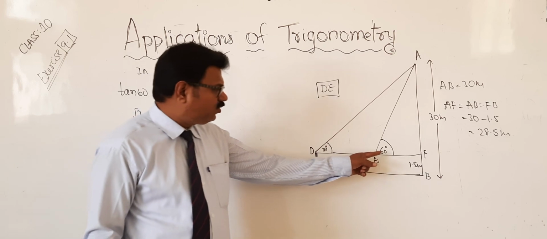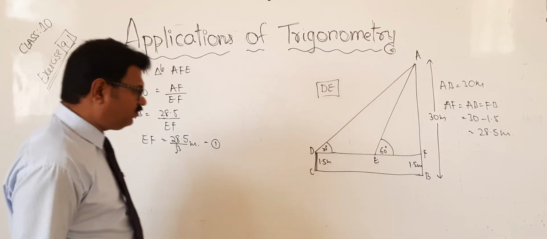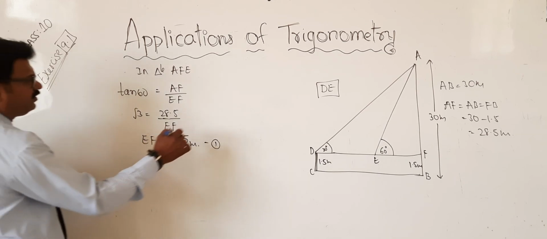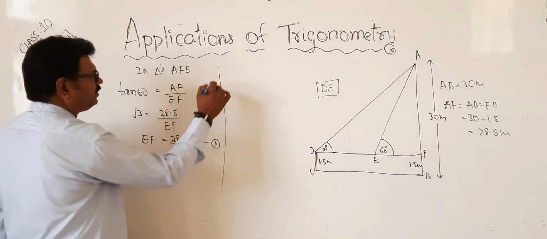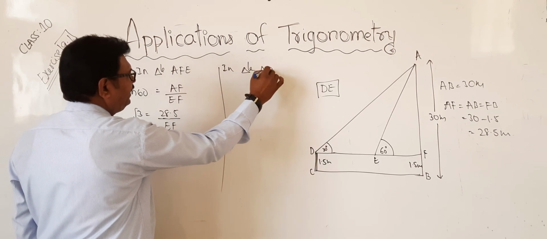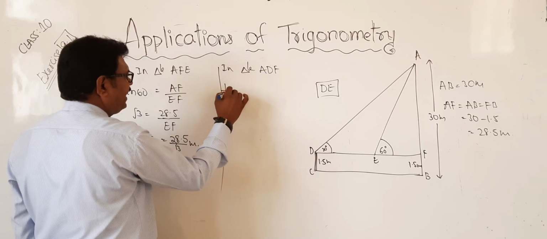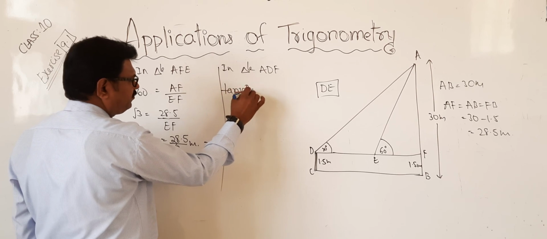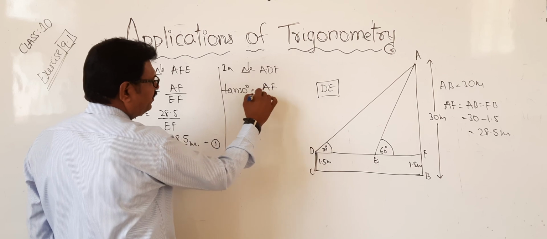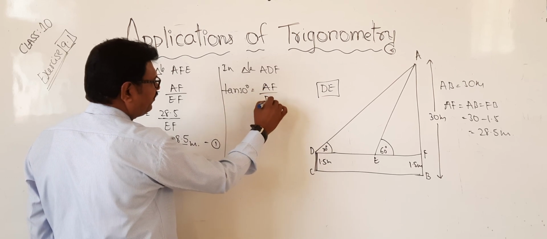Now 60 degrees is over. Come to 30 degrees. Now in triangle ADF, tan 30 equals AF divided by DF.